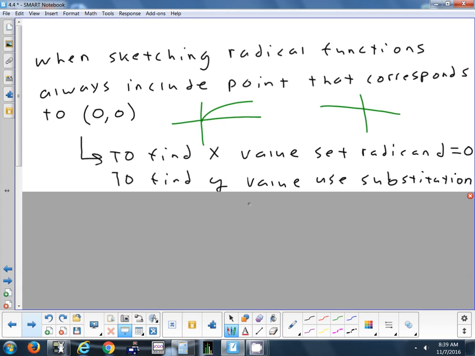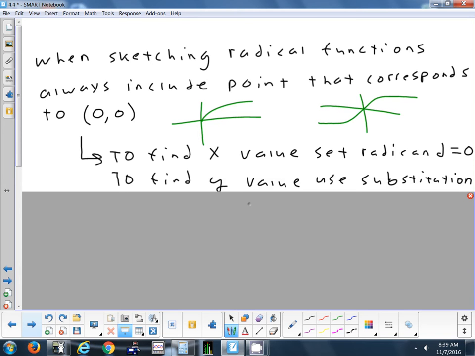It's more of the center point. Okay, that's in general what your odd roots look like. But regardless if you're sketching an even root or an odd root, always make sure that you sketch 0, 0. Okay, kind of gives you the basis where to start from.